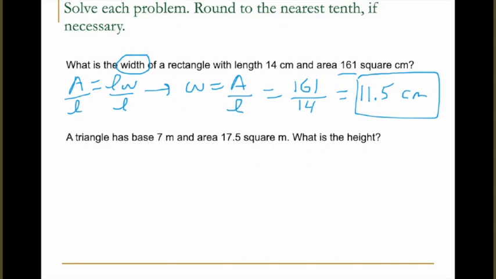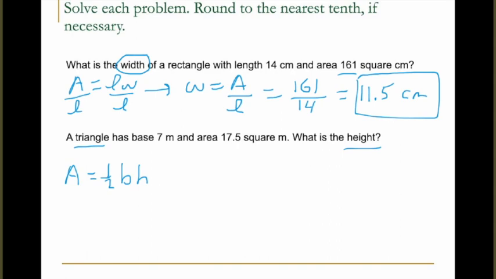Next one we have is a triangle has base 7 meters and an area of 17.5 square meters. What is the height? We are looking at the area of a triangle, and the area of a triangle is 1/2 BH. We are looking for height, so we want to get height all by itself.